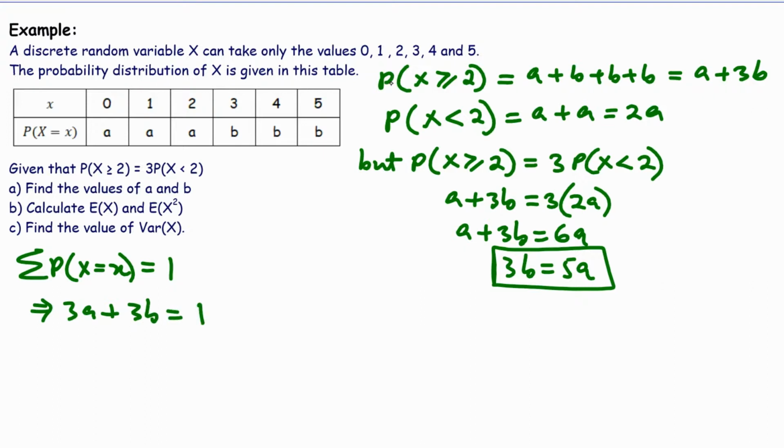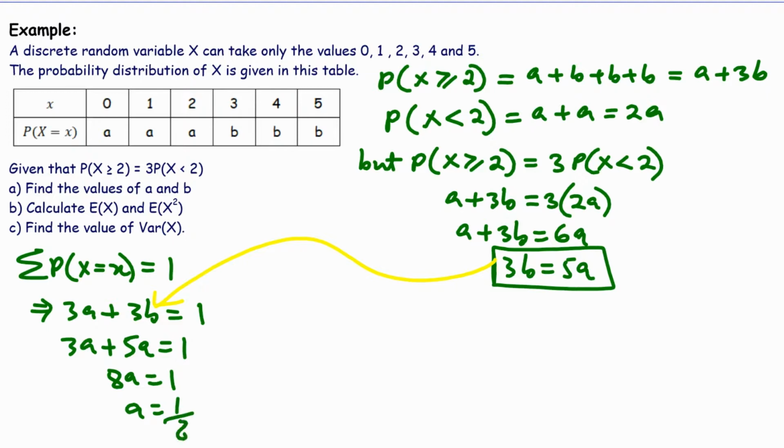And now this is the point where we can plug this in, so that we can solve for one variable. So what we shall end up with here is 3a plus, in place of 3b, I'll write 5a, is equal to 1. So 8a is equal to 1, so a is equal to 1 over 8.